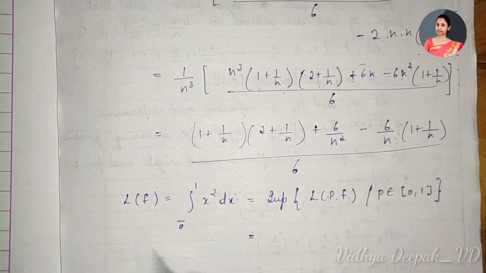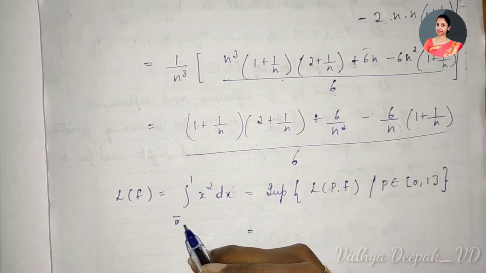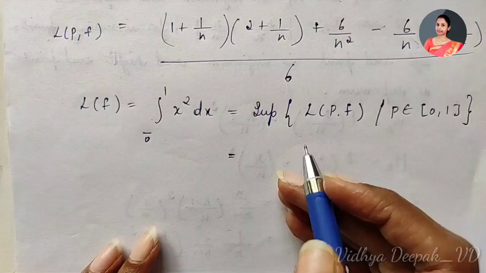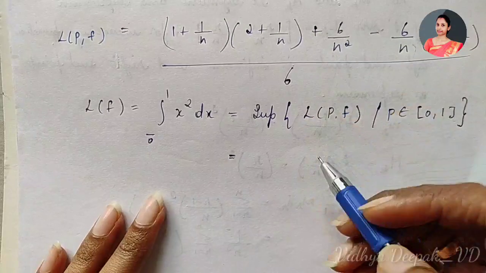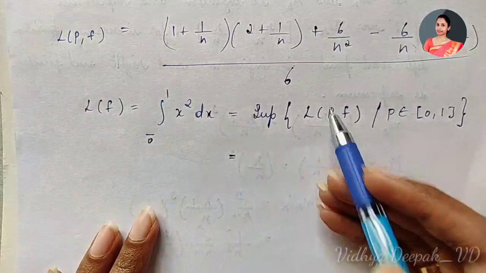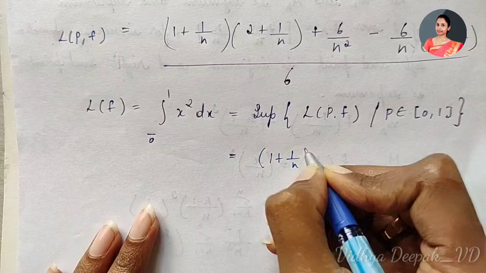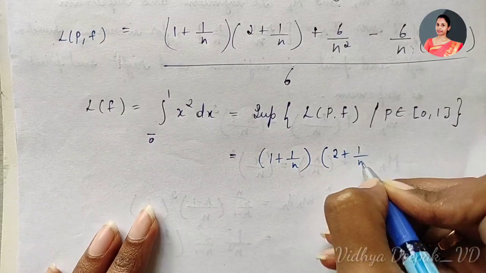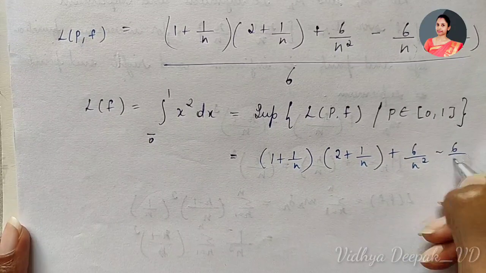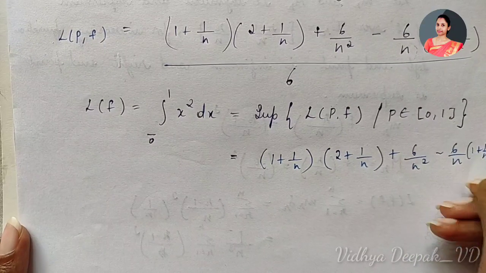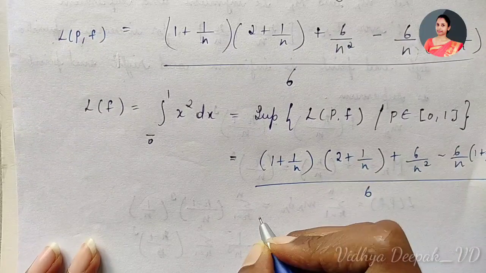Now L of f according to the definition and the question, we get this integral 0 to 1. We have already found L of P f, so we are substituting that here: 1 plus 1 by n into 2 plus 1 by n plus 6 by n square minus 6 by n into 1 plus 1 by n, whole divided by 6.